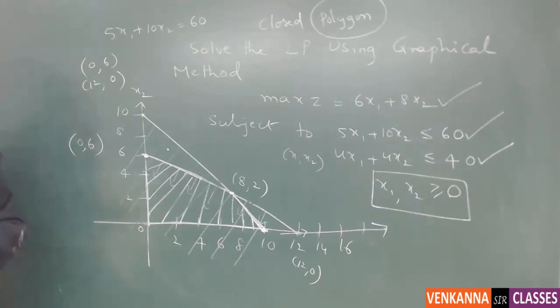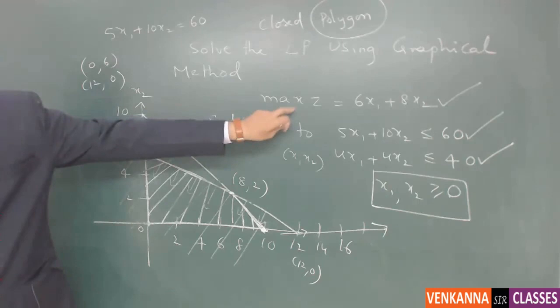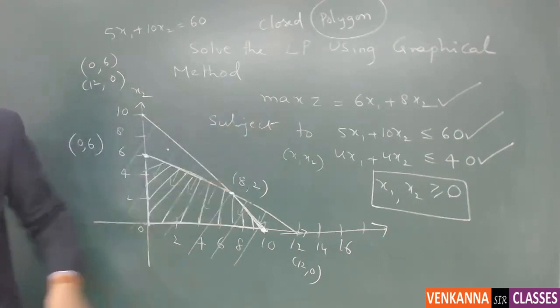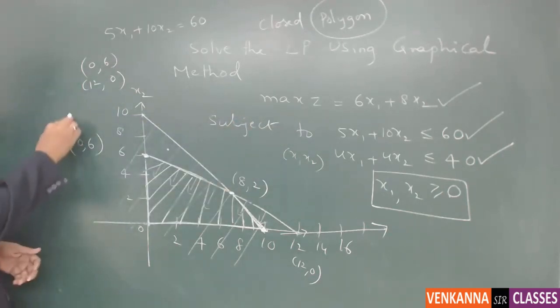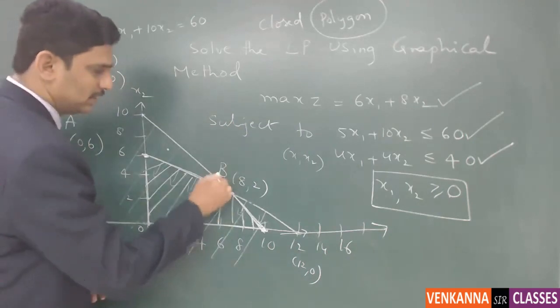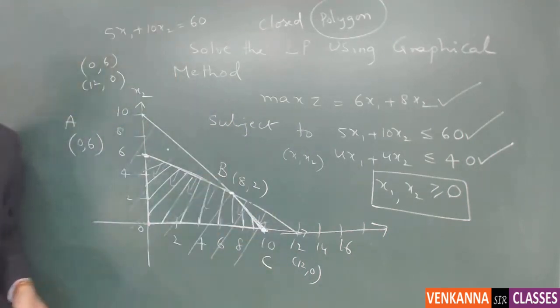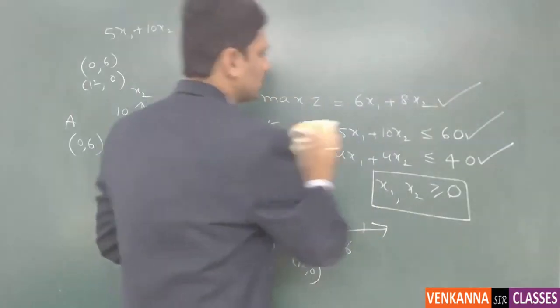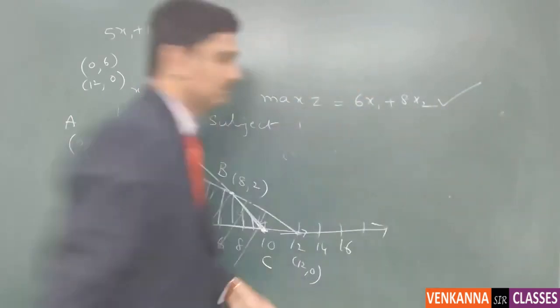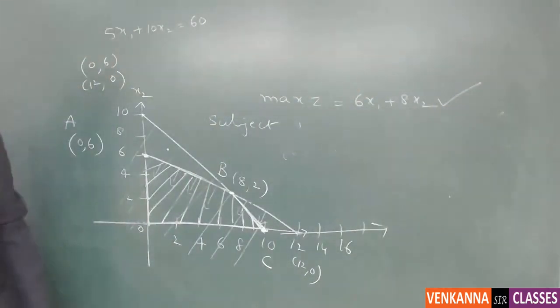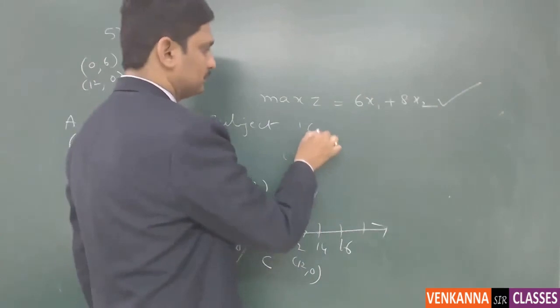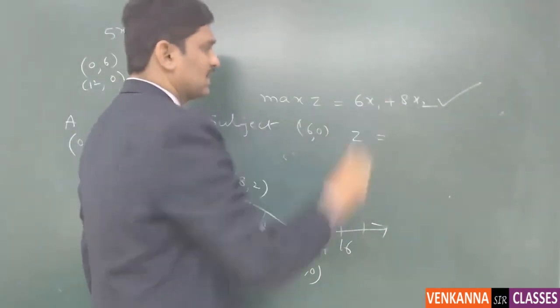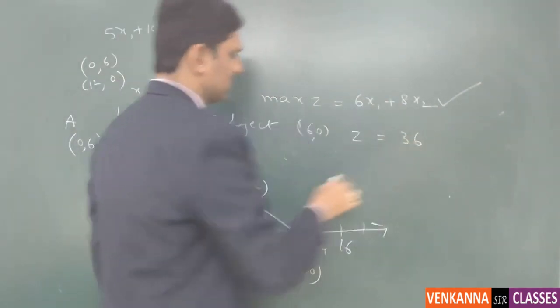Fine. Now we are going to substitute these three values in the objective function. You can technically name them A, B, and C. And we are going to pick the maximum value from these. So if you substitute 6, 0, Z equals 36.